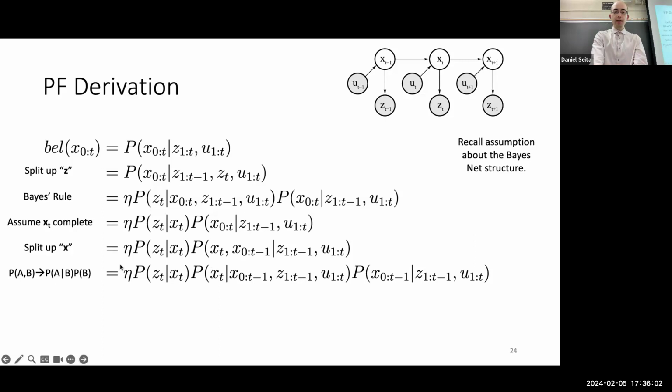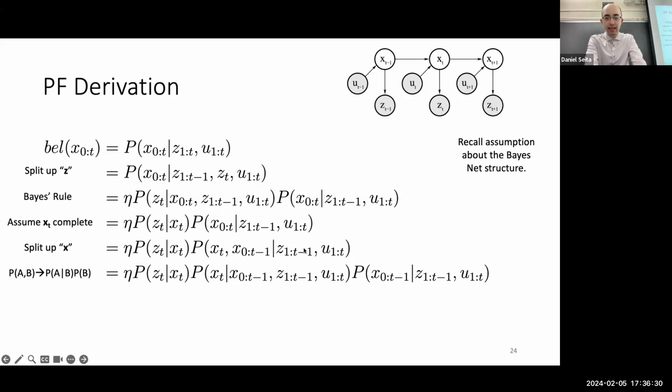Then you get this normalizing constant, and we split this up so that, again, just think of it as the probability of a joint being by definition equal to the probability of A given B times the probability of B, and everything that is common to your conditioning, you just add to the end of every term.